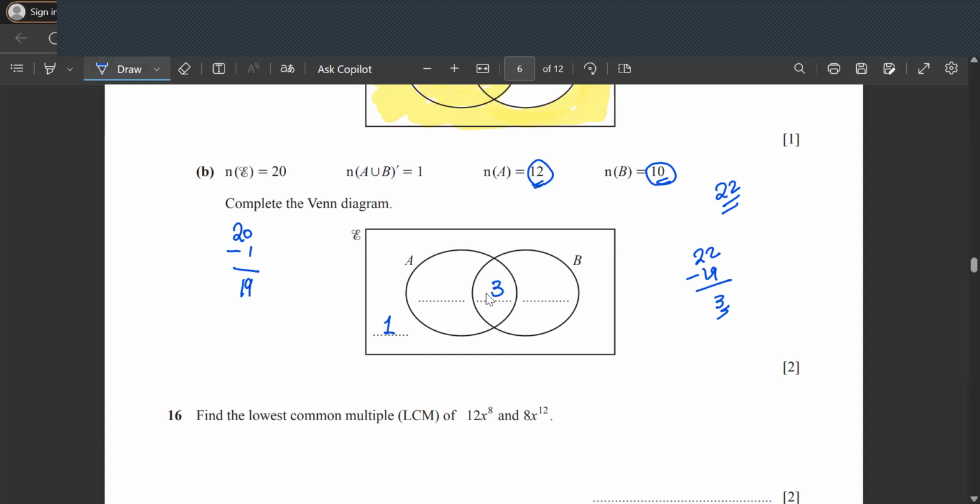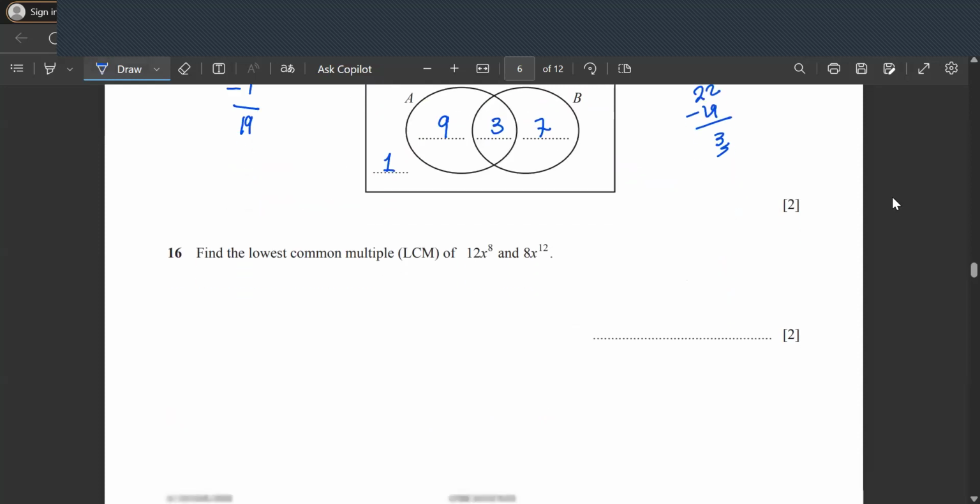So the sharing equals 3. Now, if here is 3, what to put in A? 12 minus 3, 9. And if B equals 10, I already put 3, so here equals 7. And how to make sure? Add them, they will add up to 20. Any problem? No. Done?